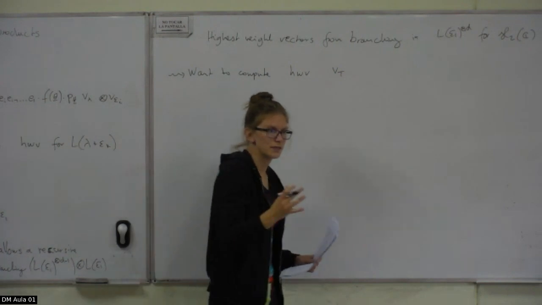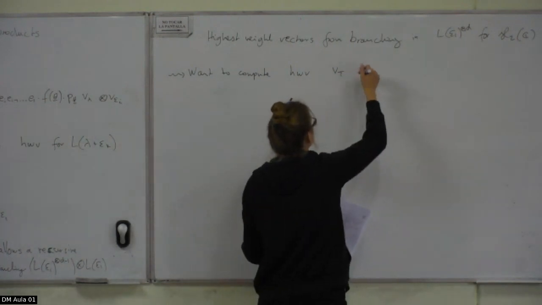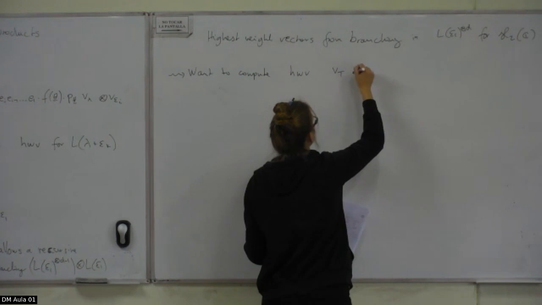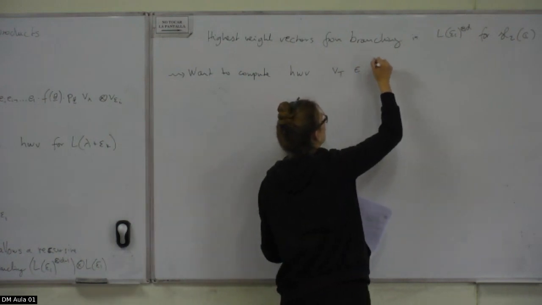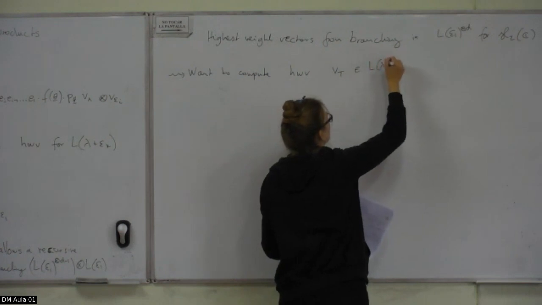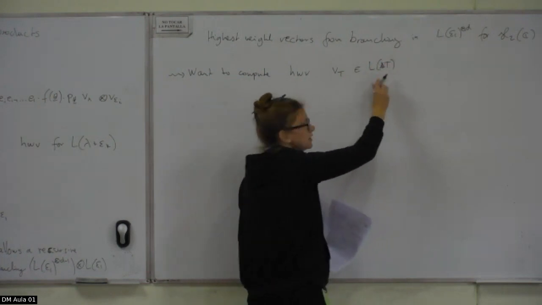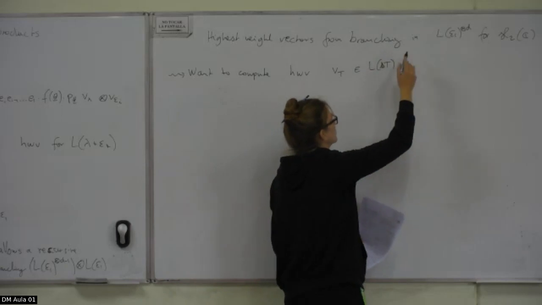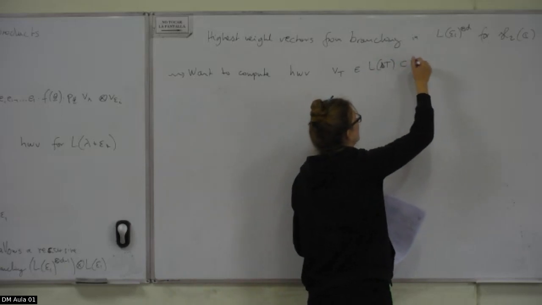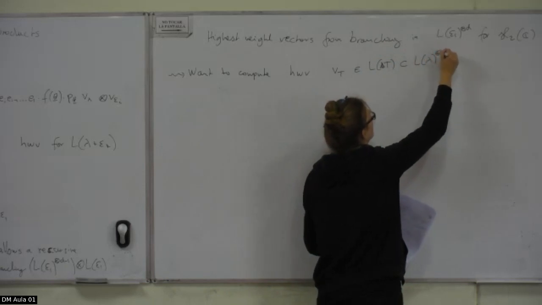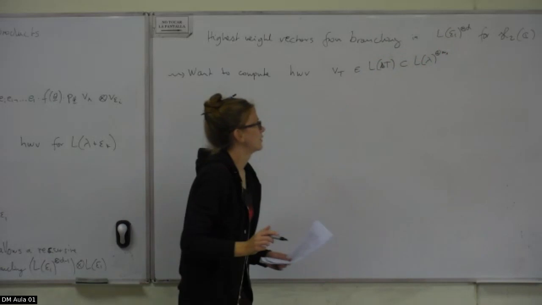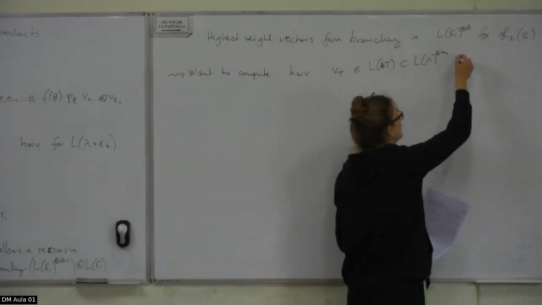So when T is a standard Young tableau, the highest weight vector Vt is somehow sitting inside. Let me also write LT for that simple module, which is the summand inside the isotypical component of lambda inside.